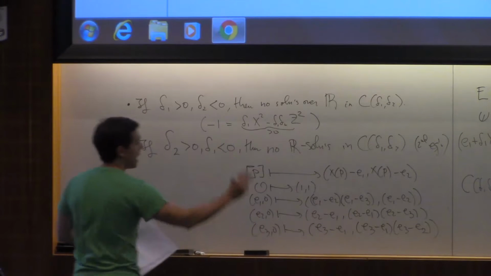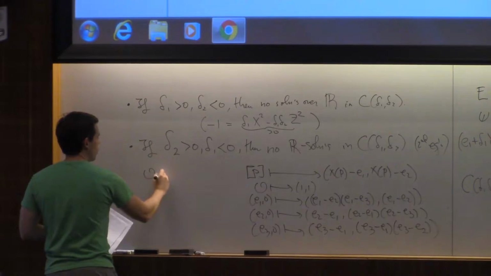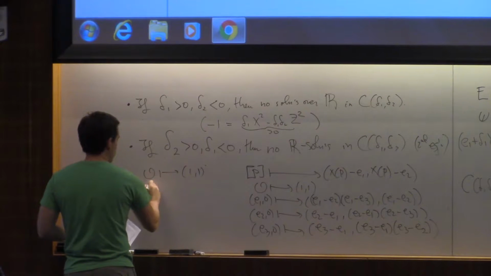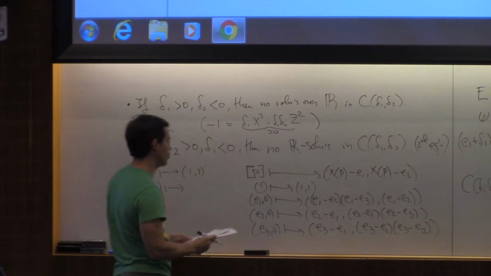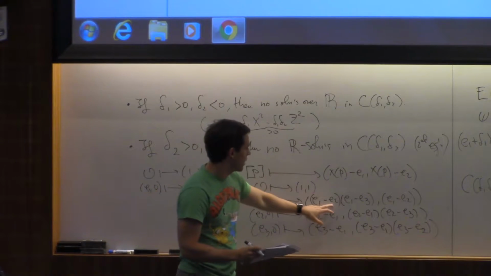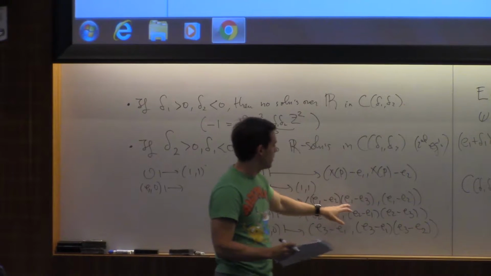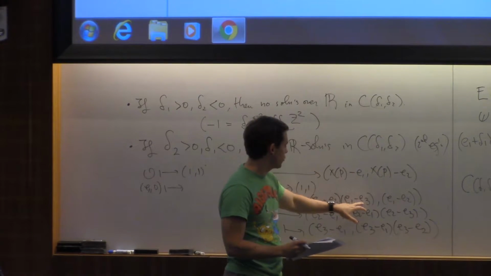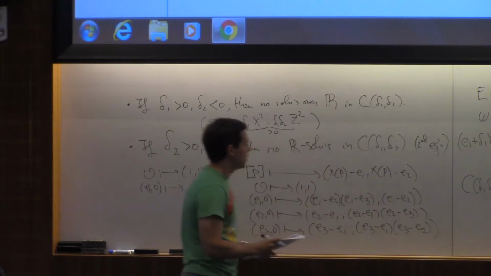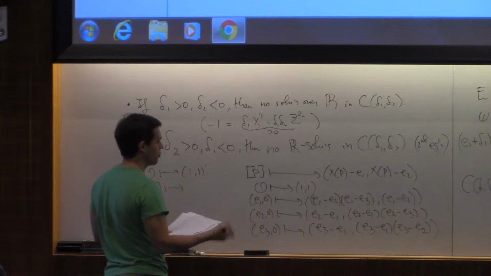Okay, so in my particular example, O goes to (1, 1). I've already marked that. (e1, 0) is going to go to, e1 is my 0, so it's (e1 minus 1) times (e1 minus 0), so this is minus 1, comma, e1 minus 2, again it's minus 1.